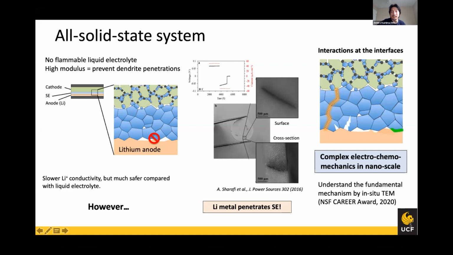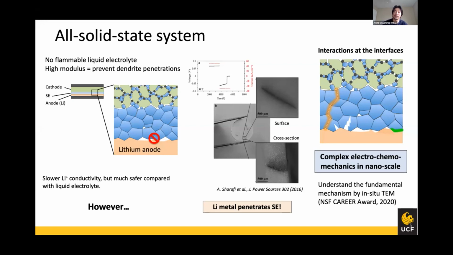So here you can look at the interaction at the interface at a very fine scale, because there will be lots of complicated electrochemical mechanics at the nanoscale that can lead to fracture of this solid electrolyte, and also penetration of lithium metal through the grain boundaries of this solid electrolyte.